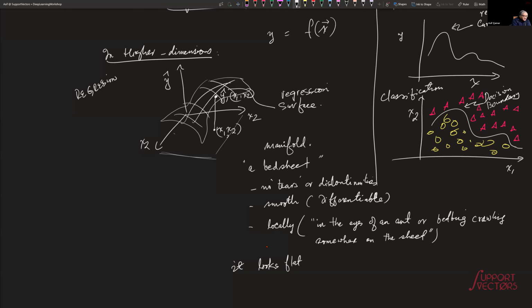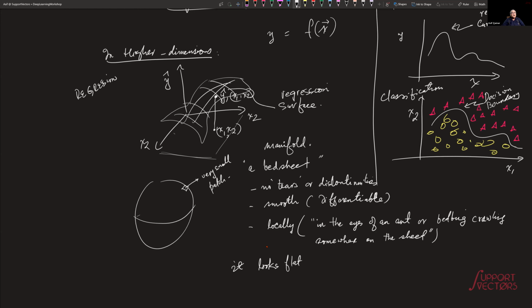So just imagine a sphere. If you take only a local patch and make this patch very small, it will look flat. Would you agree? If on a sphere you take a very, very small patch, then to a little ant, it will look flat. In fact, this is history.